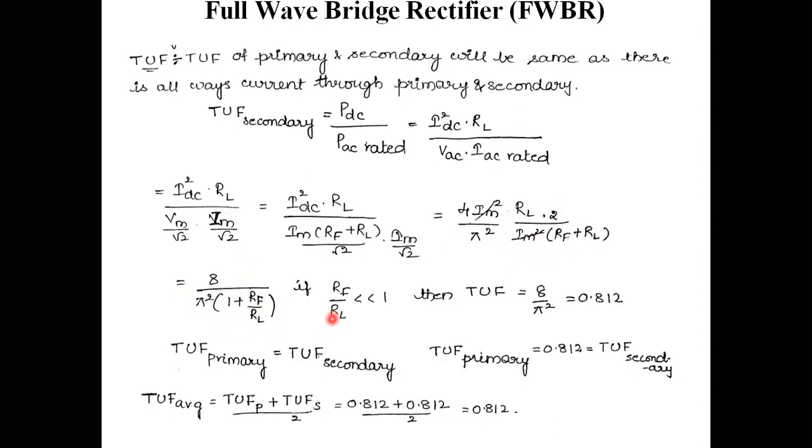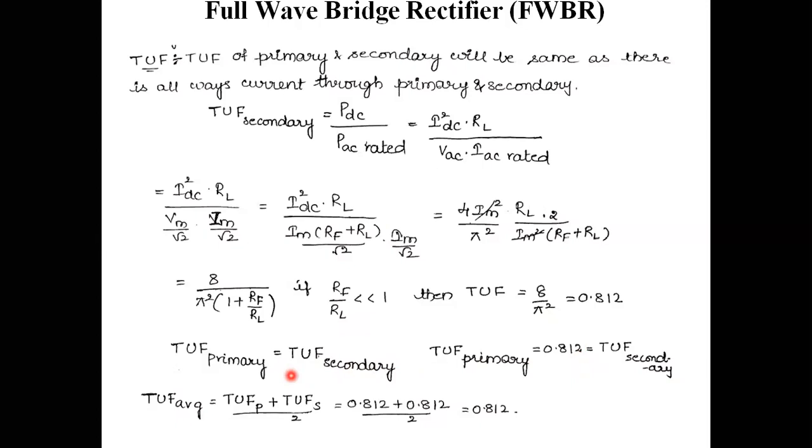If RF by RL is very much less than 1, then the transformer utilization factor is given by 8 by pi square, that is 0.812, or in terms of percentages, 81.2%. The transformer utilization factor for the primary as well as the secondary are both equal.